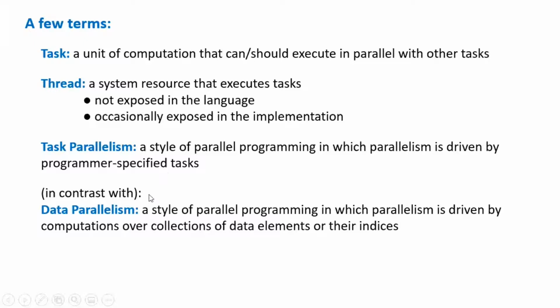In contrast, data parallelism is a style of parallel programming in which parallelism is driven by computation over a collection of data elements or their indices. Chapel comes with different statements to do task parallelism and data parallelism, and certainly it can do both. Okay.